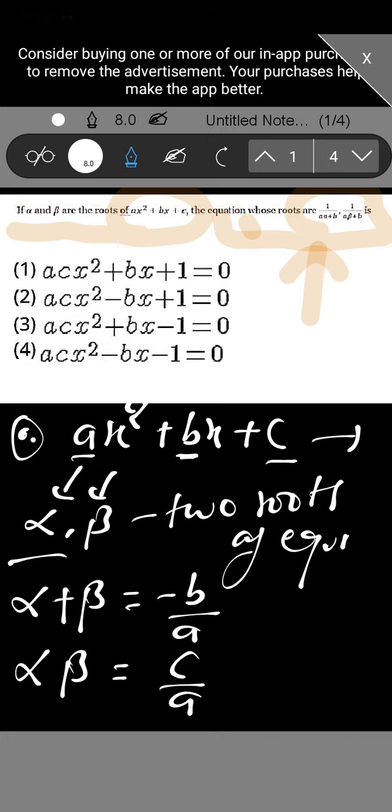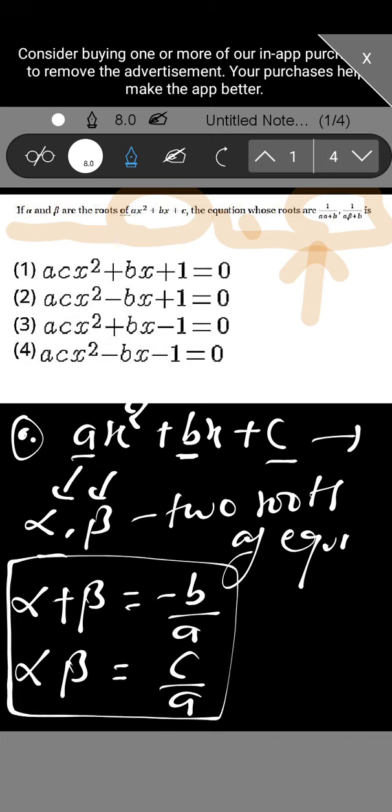This is the formula we use to find the equation for the two given roots.